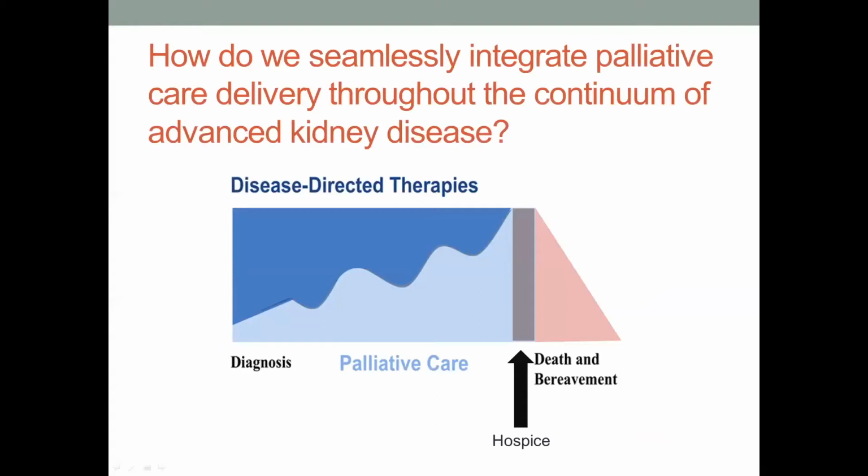As many of you know, palliative care is for anyone with serious illness, and this would certainly include, by definition, anyone with advanced kidney disease and anyone with end-stage kidney disease who is on some form of dialysis. Palliative care can be delivered alongside disease-directed therapies, such as dialysis. And yet, at the same time, how do we better access palliative care services for our patients?